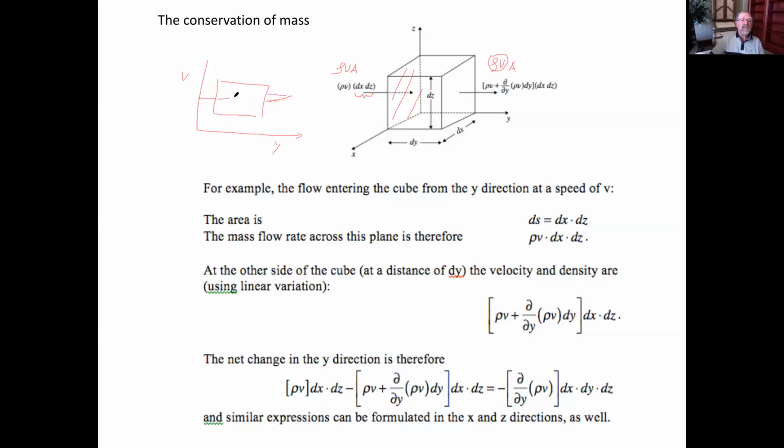I assume that inside the variation is linear. So this is going to be dy. Therefore, the velocity outside is going to be equal to v plus dv/dy times dy, the change between this line and this line, which is the slope times dy, exactly what I say here.